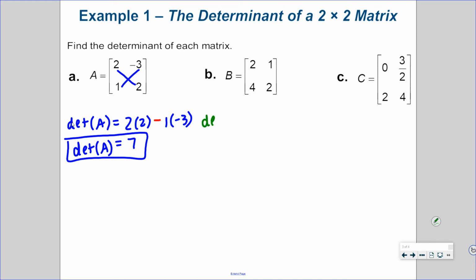Next one. You always start up here. This one times this one. Minus 1 times 4. And we get 0.